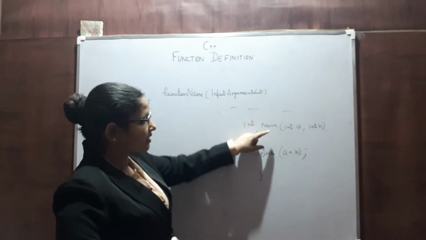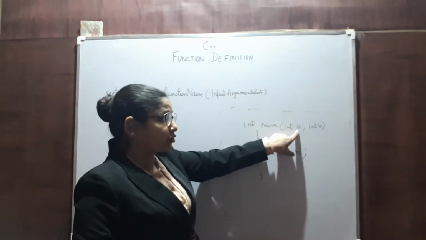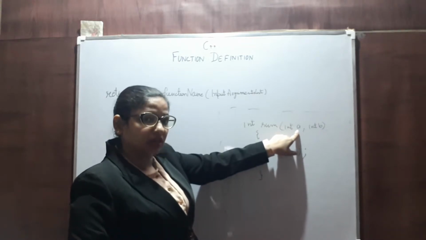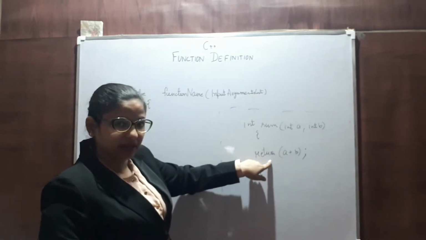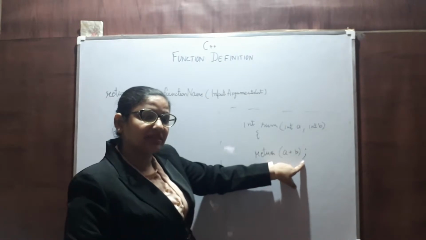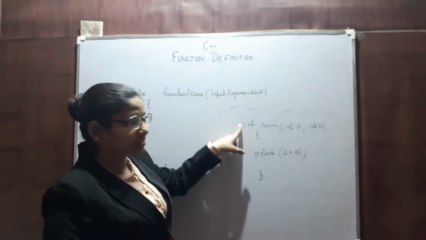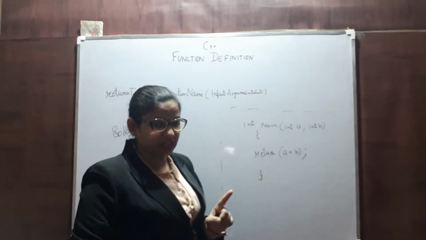Again repeating, function name is sum. It's taking two input arguments a and b, both are of type integer, and the return statement return a plus b. A plus b is an integer expression, so it's returning integer value. So this is function definition.